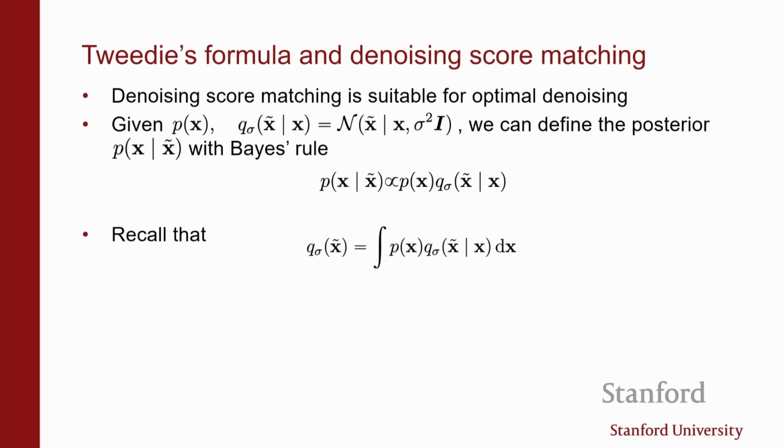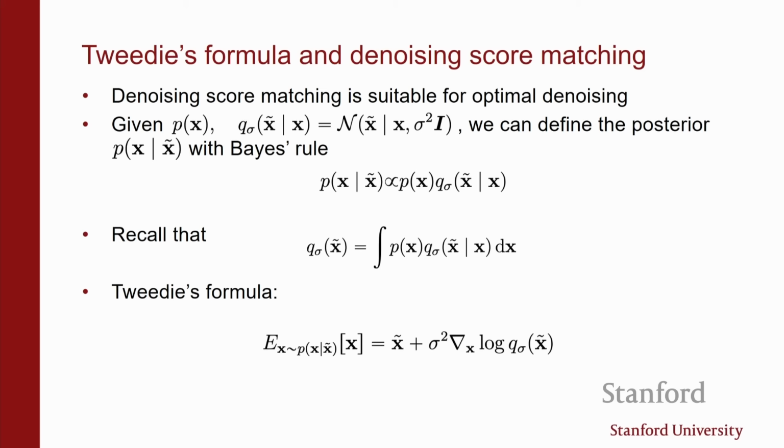We know the definition of the noisy data distribution, and Tweedie's formula is telling you that, given a noisy image X tilde, the expected value of the clean image is given by this expression. If you want to minimize the L2 loss, the best thing you can do is to output the conditional expectation of X given X tilde. From that perspective, you want to follow the gradient. And this particular version of the formula is only true for Gaussians.